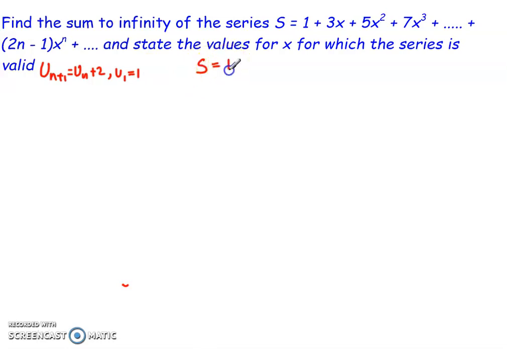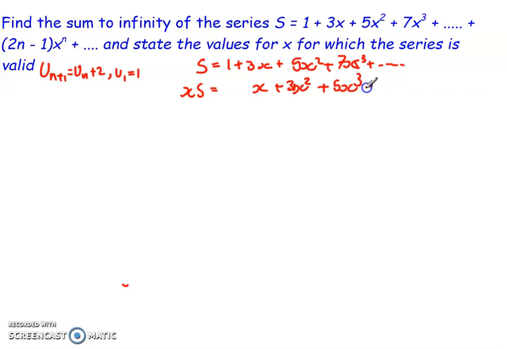So S equals 1 plus 3x plus 5x squared plus 7x cubed, and it will continue on and on. What I'm then going to do is take S and multiply it by x and write out a new version of it. So I'd end up with x plus 3x squared plus 5x cubed, and again it would just continue on and on.